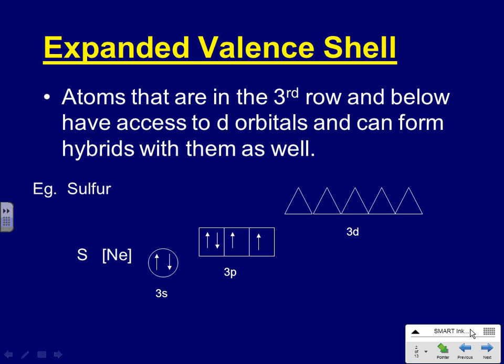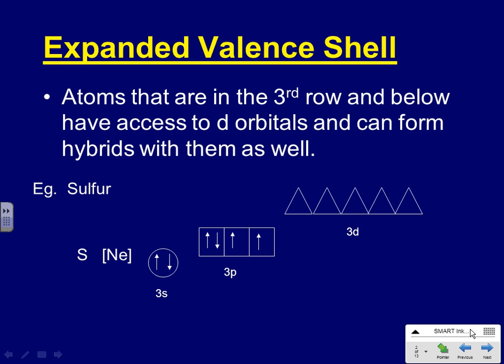So even though if we were building an atom and we were to get to, say, argon, and we were then to go to potassium, the next electron goes in the 4s before it goes into the 3d. In terms of hybridization, an element like sulfur, yes, it has 3s orbitals, it has 3p orbitals, but it also has these 3d orbitals, and they can be incorporated into hybridization and into hybrid atoms.